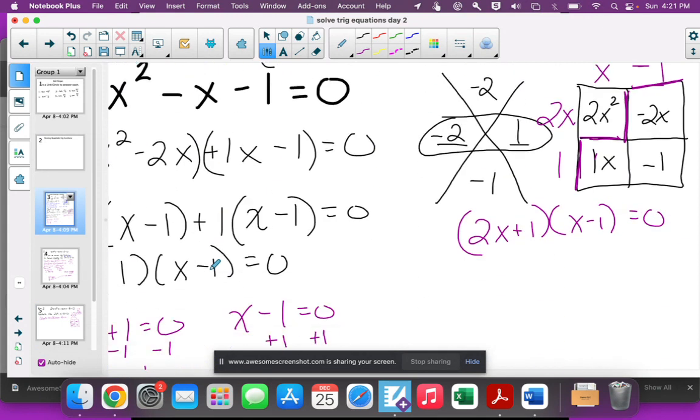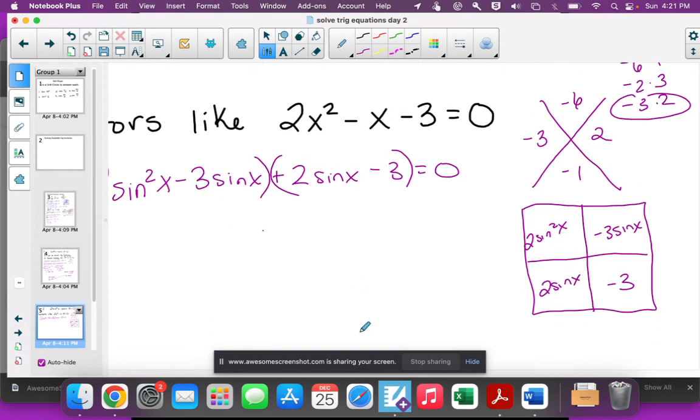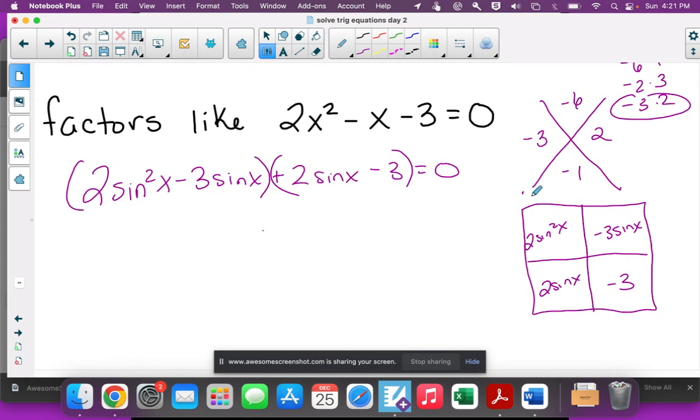It's a question of where the 2 needs to go and where the 1 needs to go. That's the biggest thing. In order to make this work, the 2 sine x has to go on top, and the 1 sine x has to go here. That's the only way you can multiply to get the positive 2 sine x on the bottom. So that's going to be a 1, and that's going to be a -3.